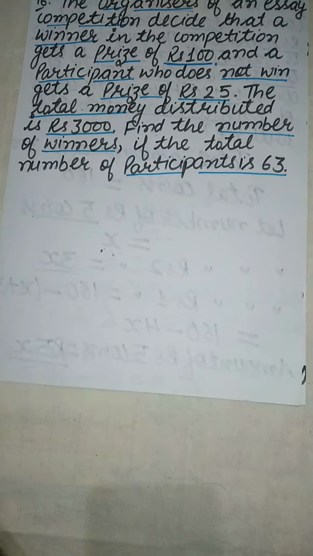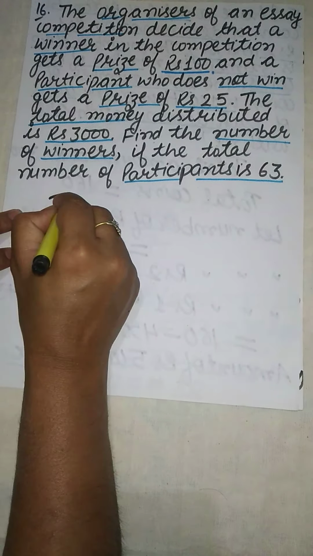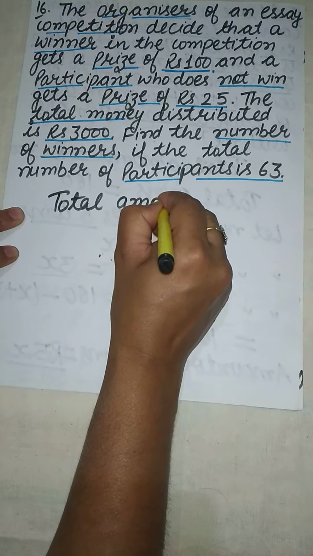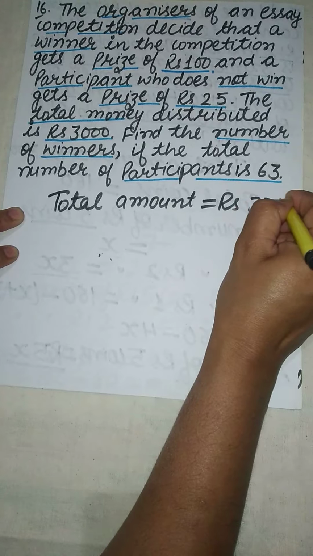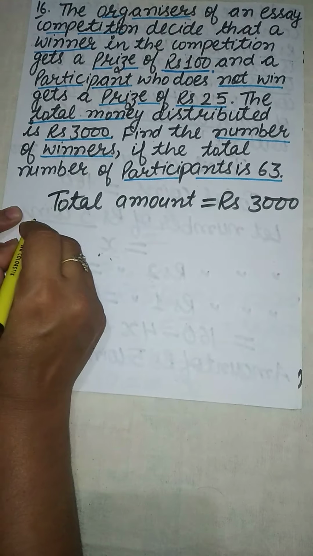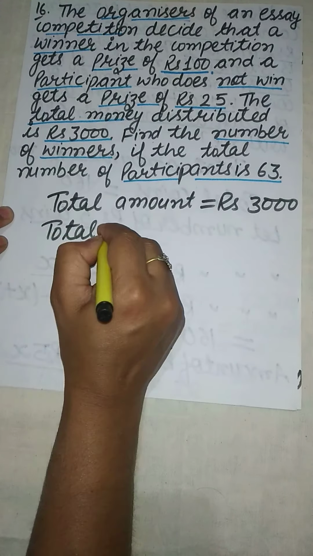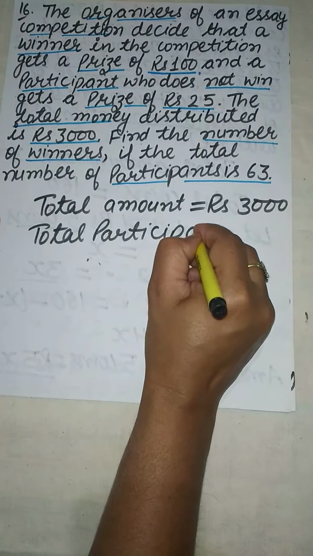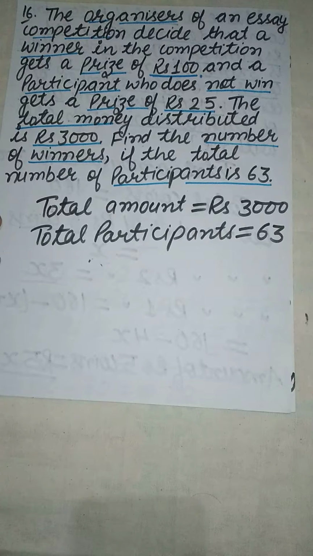So let us write the total amount. Total amount is rupees 3000. Total participants are 63.